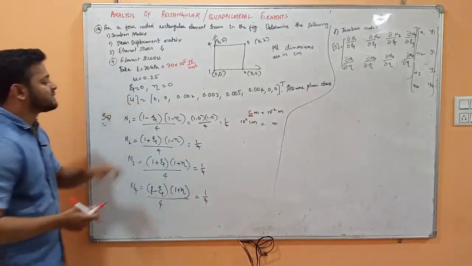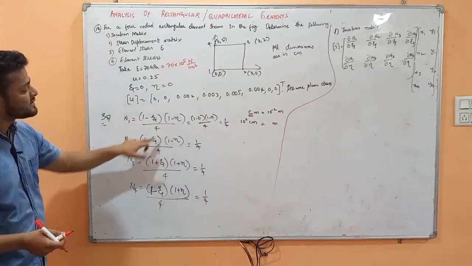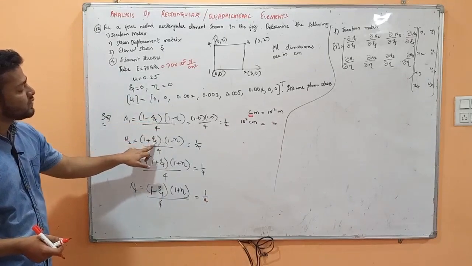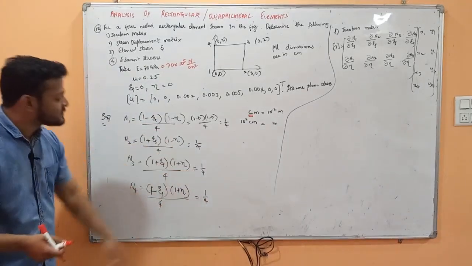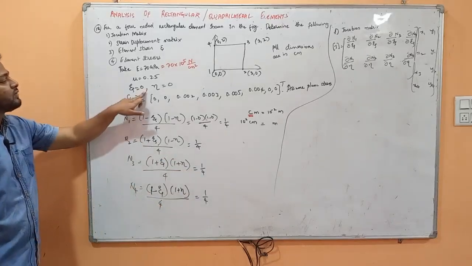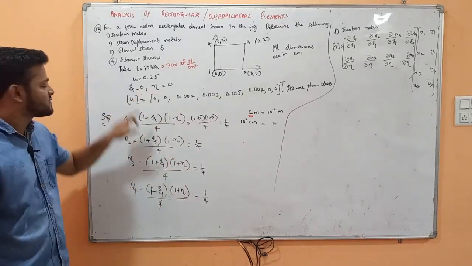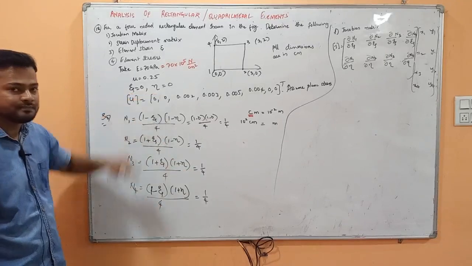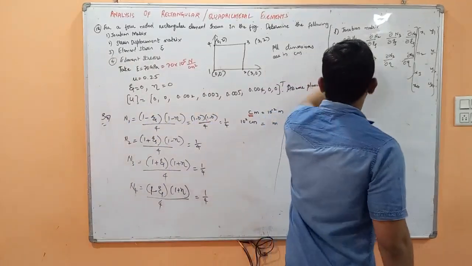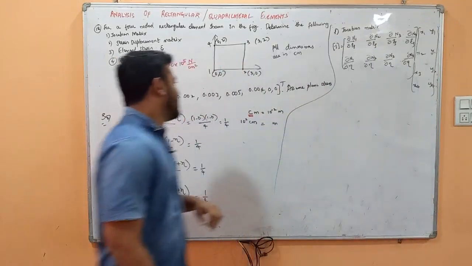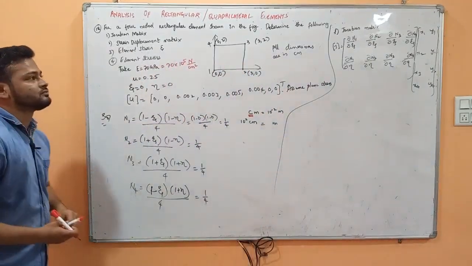It depends on the values of xi and eta. Since xi and eta are 0, 1 plus 0 is 1 and 1 minus 0 is 1, so 1 into 1, 1 by 4. We get these values after substituting xi and eta. So we got the values of N1, N2, N3 and N4.